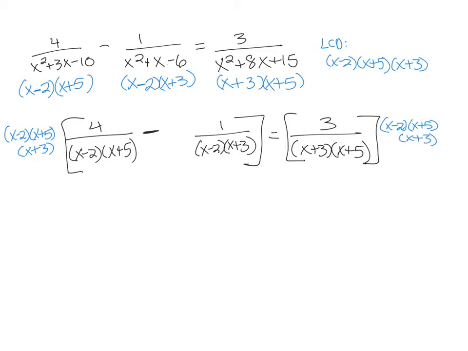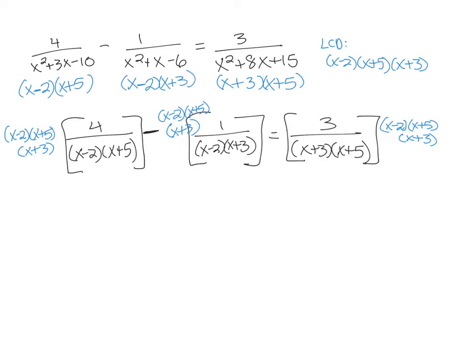But on the left, you see this thing is touching the brackets, which means it's going to distribute to each of these pieces. So I'm going to actually go ahead and distribute those. You can do this every time. As a matter of fact, once you've done this a few times, you don't have to write down the step that I'm writing down right now, because you'll see that if you're multiplying all of these fractions by this common denominator, each of these denominators is going to cancel.